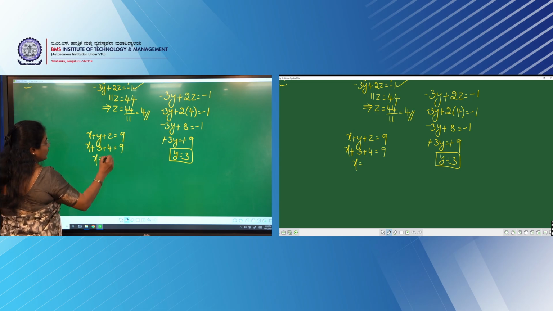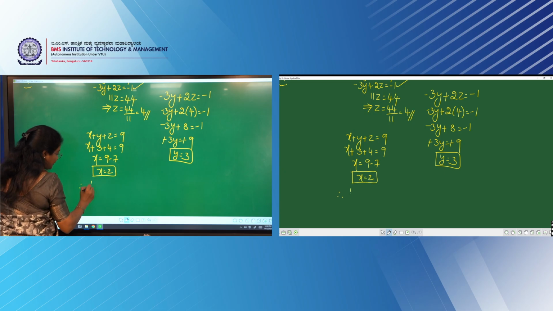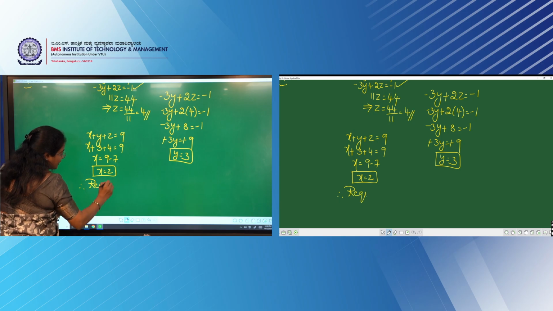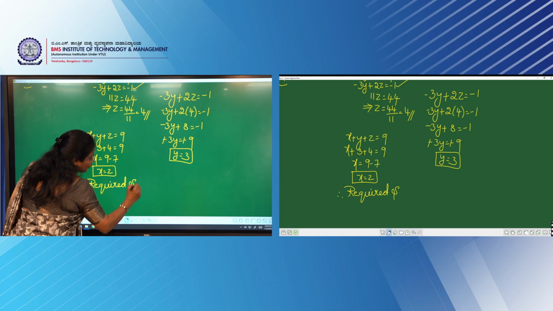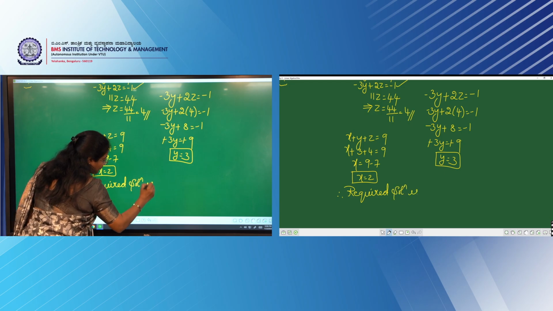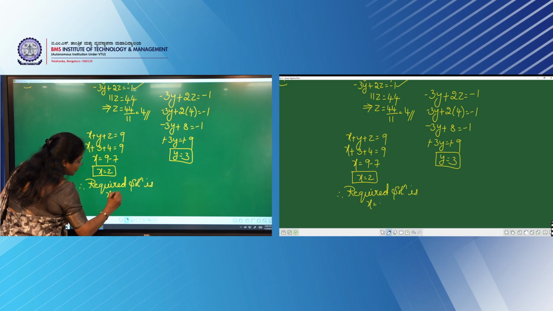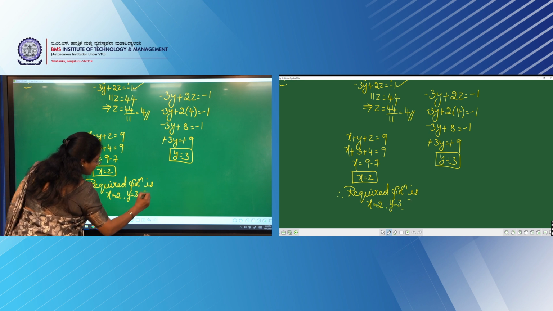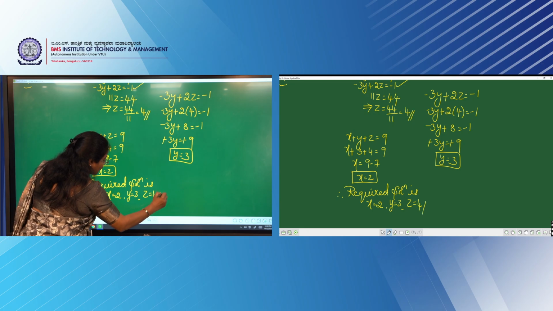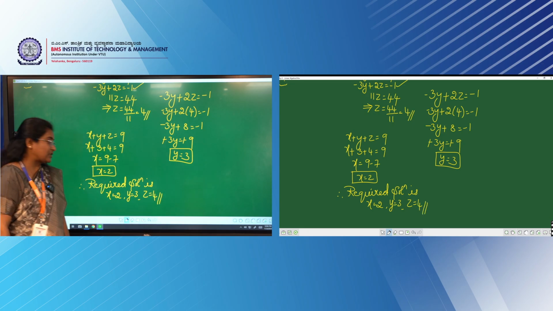So x is equal to 9 minus 7, x is equal to 2. Therefore, required solution is x is equal to 2, y is equal to 3, z is equal to 4 for the given system of equations.